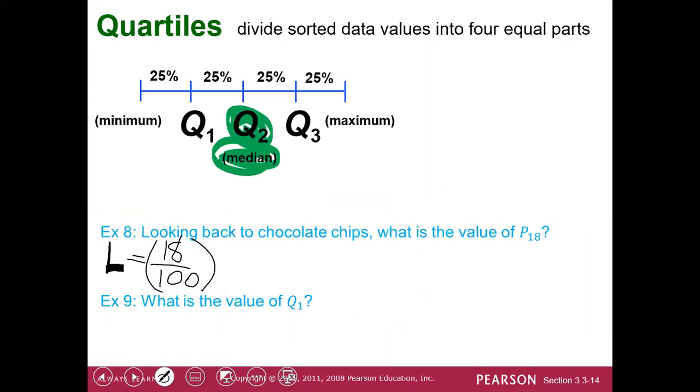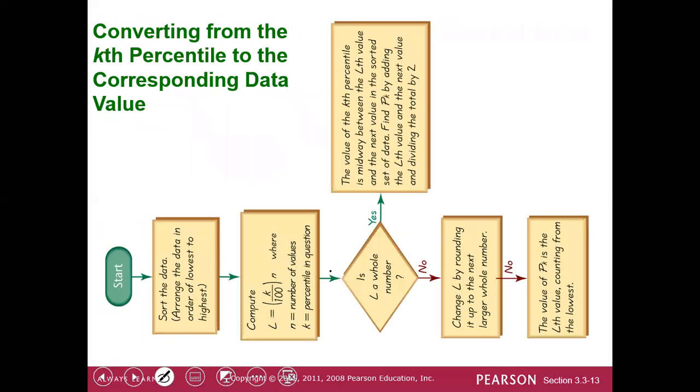And then I times it by N, which was how many data values I have, which was 40. If you run that, you'll get 7.2. Okay, so now let's look back to our flow chart. What does it say? Is L a whole number? Okay, for this one, no, it was not. So we're going this way.